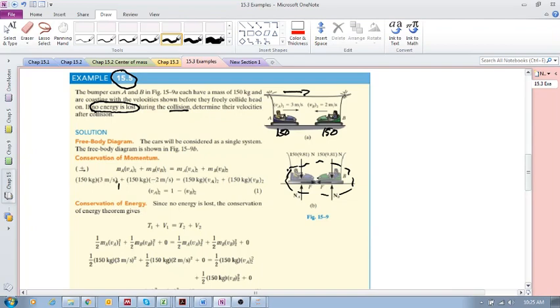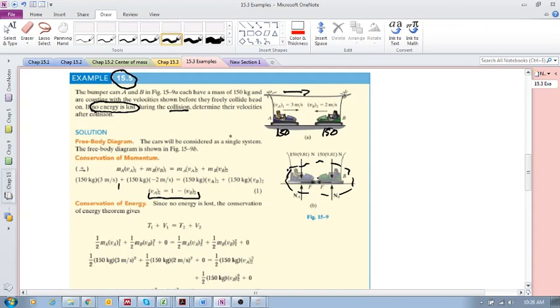There's a plus 3 because A is going in that direction, and a minus 2 because car B is going in that direction. This is equal to mass times velocity of A at state 2 plus the mass of B times velocity of B at state 2. If you solve for this, you'll see that we have one equation with two unknowns. We don't know the velocities of both cars at state 2.